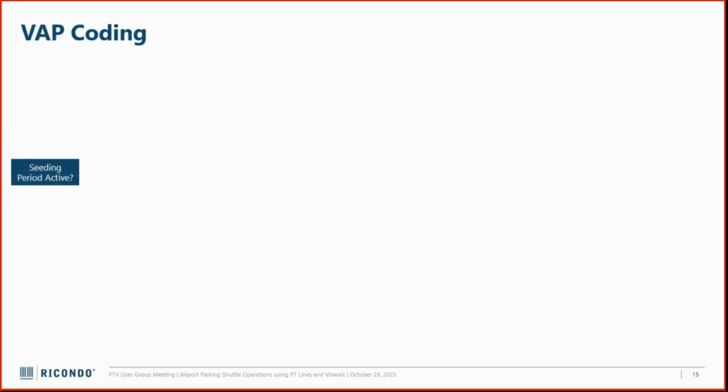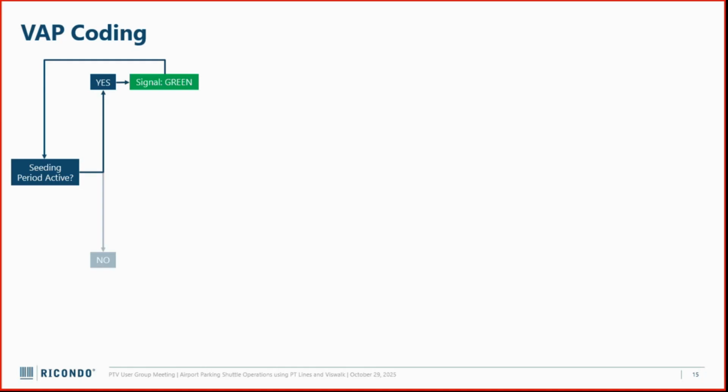As for how our VAP code actually worked, essentially we're starting with asking if the seating period is active. If the seating period is active, then the signal head will remain green, and this is the base configuration for the first portion of the VAP code. Once the seating period concludes, then the signal head turns red as the secondary base condition.